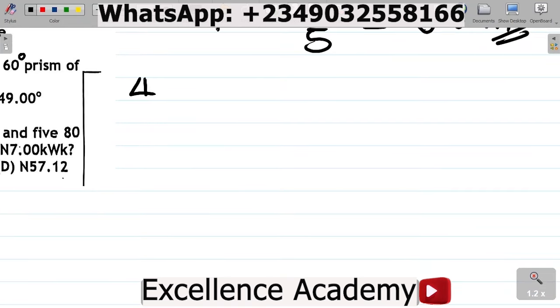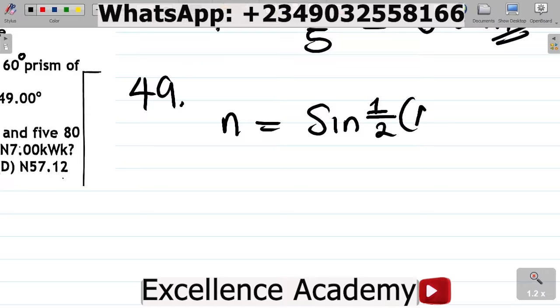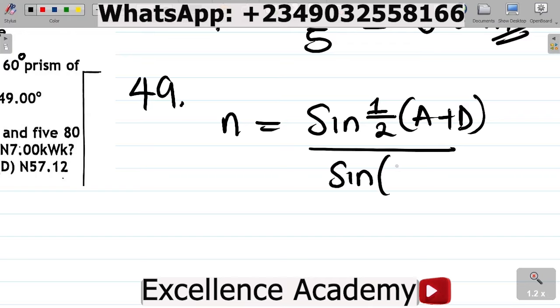Now for 49, you want to recall the formula for refractive index. Now for a triangular prism, refractive index n is equal to sine of half A plus D all over sine half of A. So what we have here is the formula for calculating refractive index.